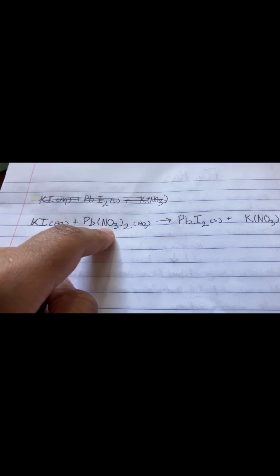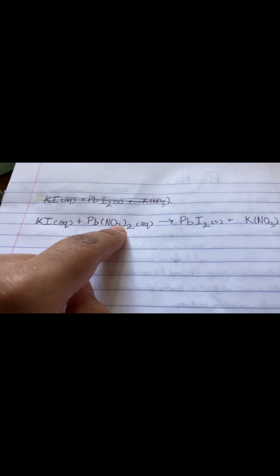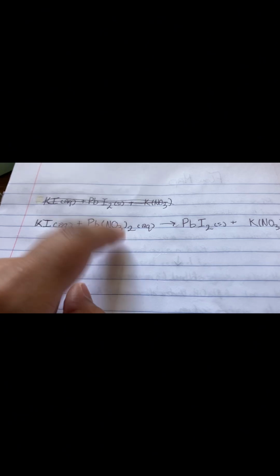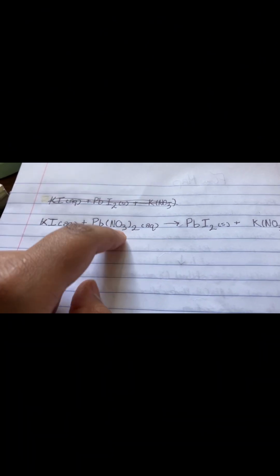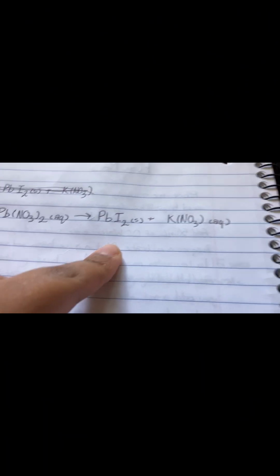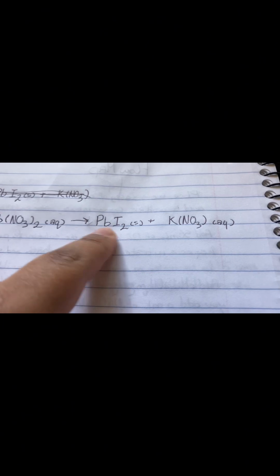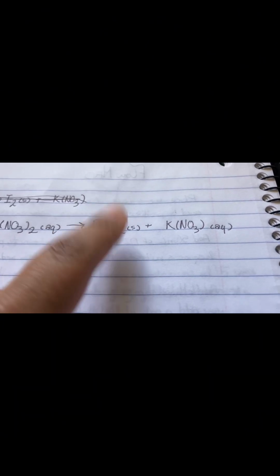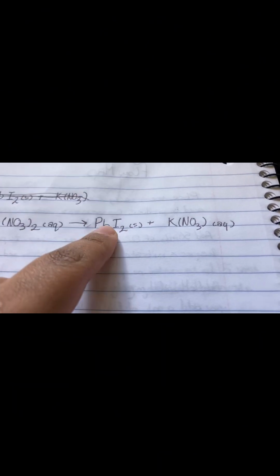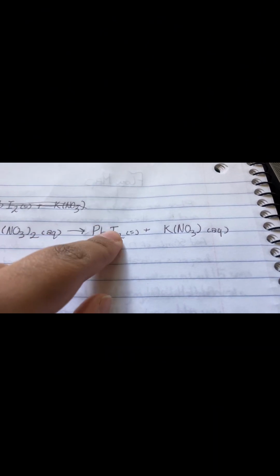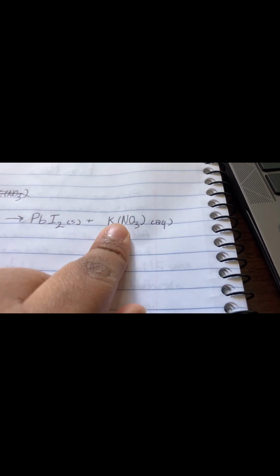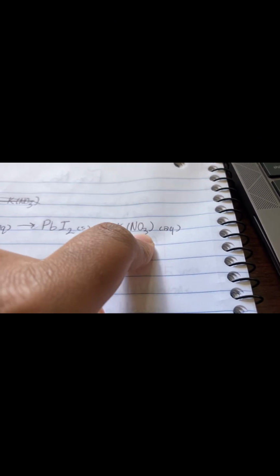So it's made up of at least 2 different elements, nitrogen and oxygen, but there are 3 oxygens in here. That makes it a nitrate. Over here, we see lead and then iodine as well. But this one makes a solid. So somewhere around here, the mixture of the lead and iodine makes a solid. This is an element as well, potassium, and then once again you see that nitrate.